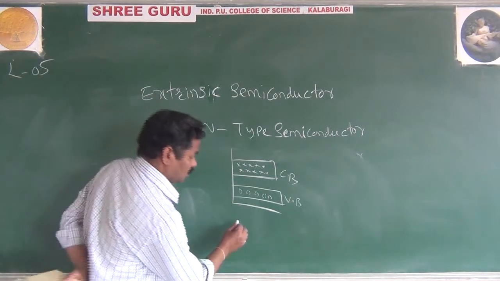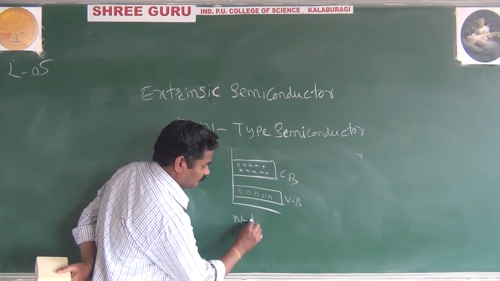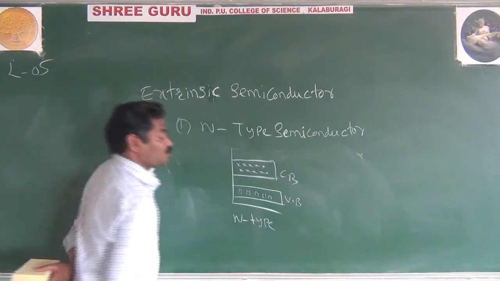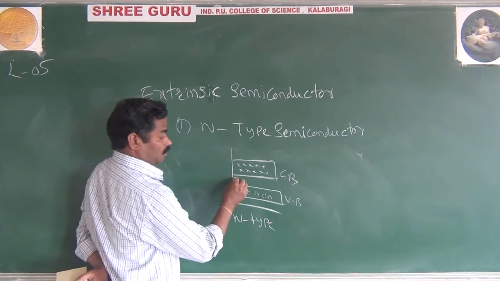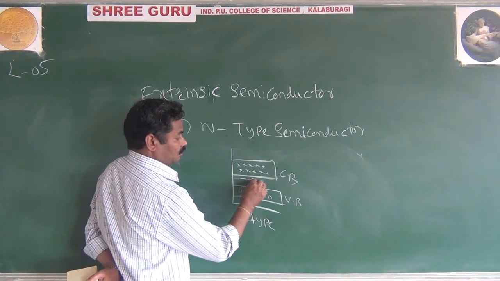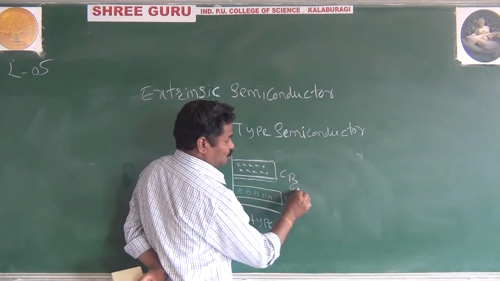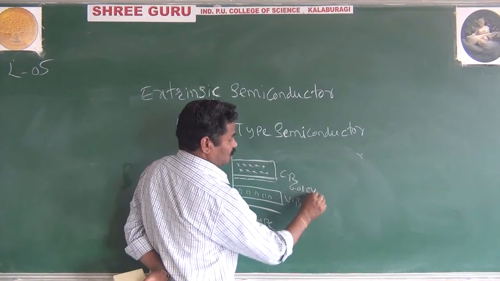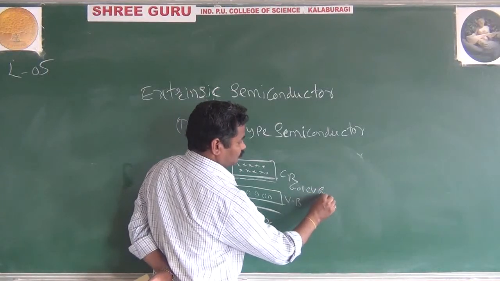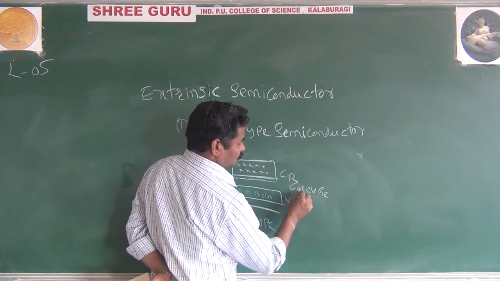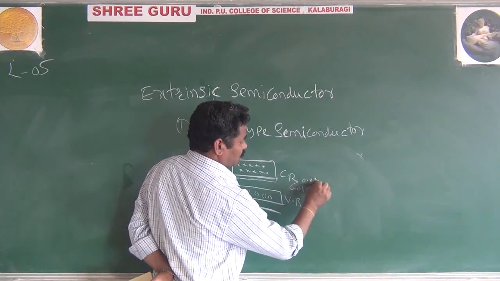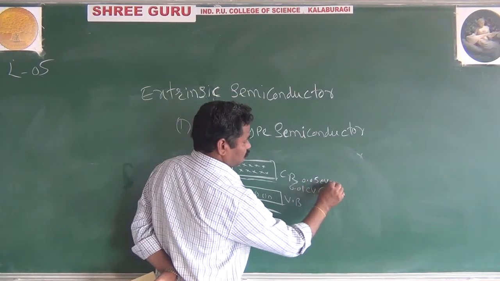This is the N-type semiconductor. Also important, this is called the Fermi level. This energy is 0.01 electron volt for germanium and 0.05 electron volt for silicon.